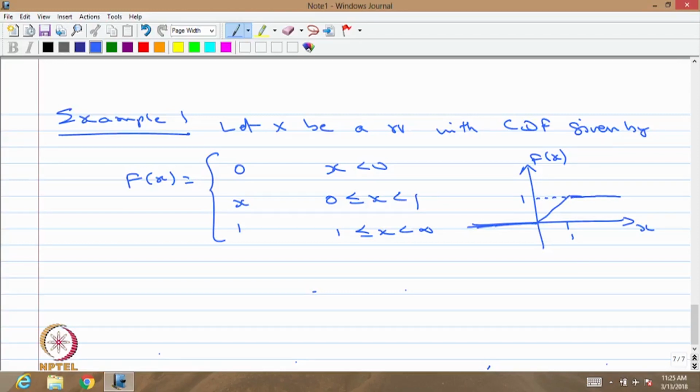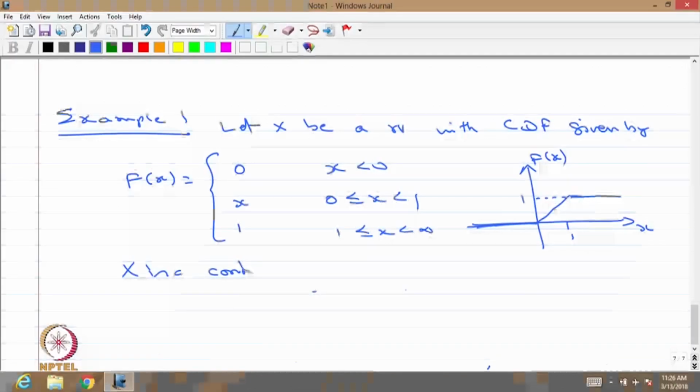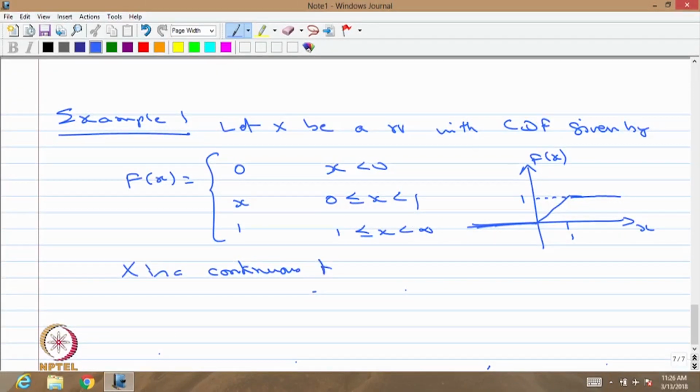By seeing the CDF, you can conclude this is a continuous function in x from minus infinity to plus infinity. Therefore, x is a continuous type random variable. You can find the probability density function of this random variable by differentiating the CDF.